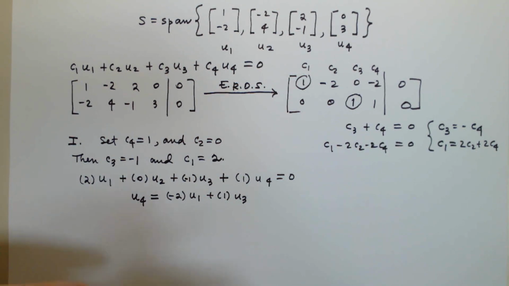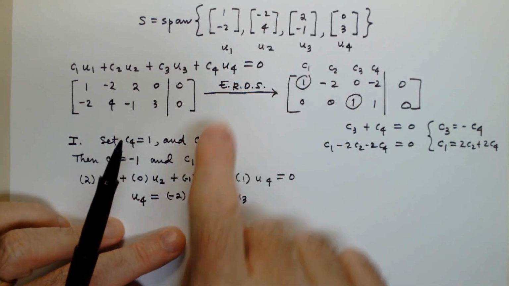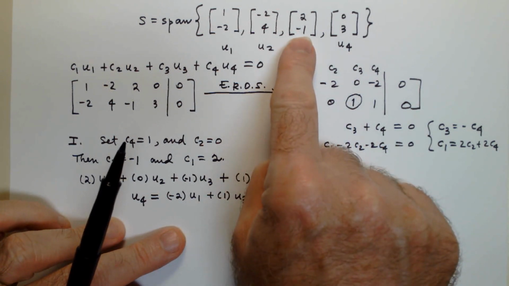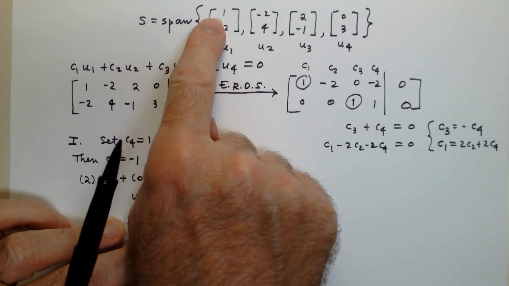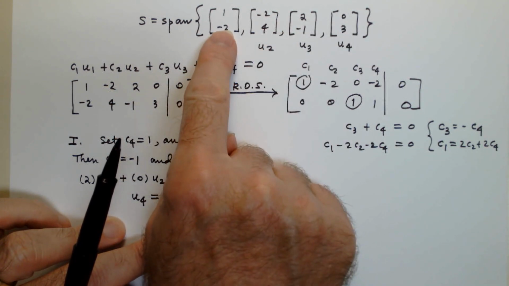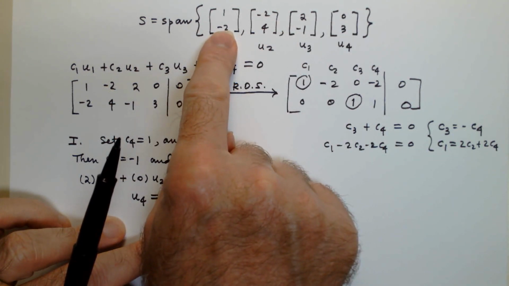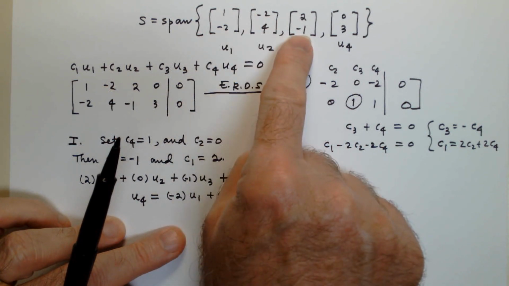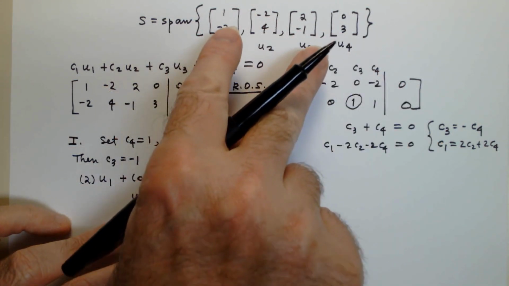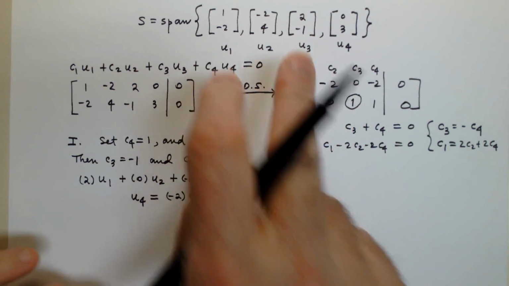Now we should check that. Is it the case that if I scale this one by negative 2 and then add on U3, we get U4? So I multiply by negative 2, that's negative 2, plus 2 is 0, that's true. When I multiply by negative 2, that becomes 4. 4 plus a negative 1 is 3. So in fact, we have discovered that U4 can be represented by U1 and U3.